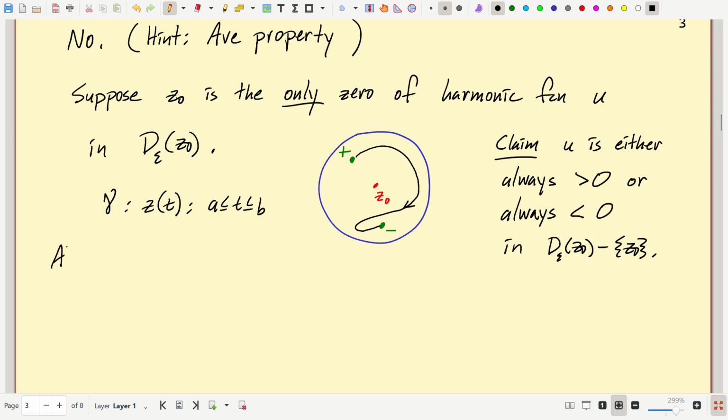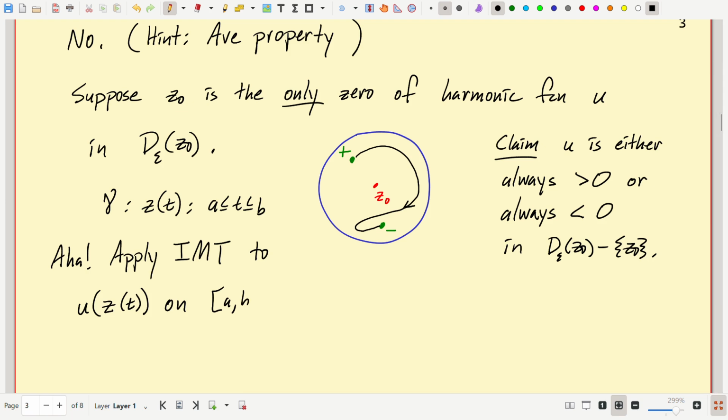Then the aha moment is that I could apply the intermediate value theorem from freshman calculus to u of z of t on the interval [a, b]. That function would start out positive and end negative, so at some point in between, there would have to be a place where it would be 0.